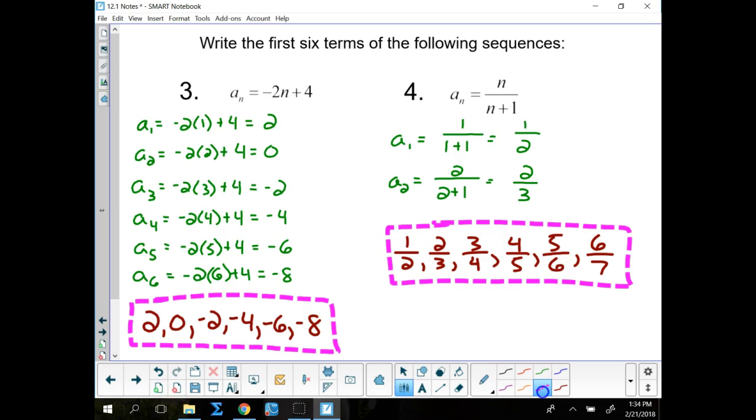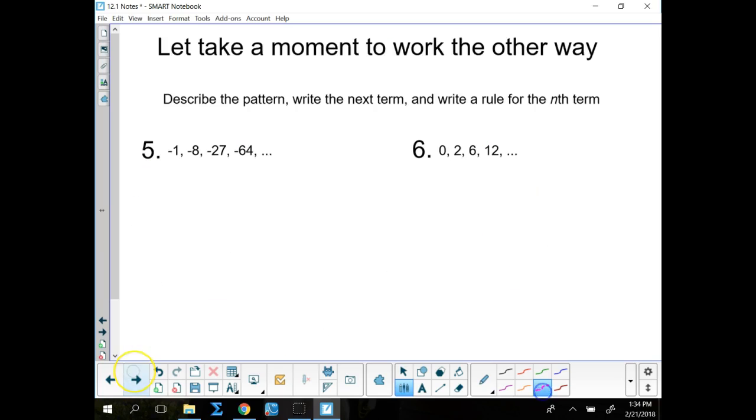Now, let's work backwards here for a moment. These directions are pretty standard. The first thing it's asking is to describe a pattern, and you're going to use words to describe it.